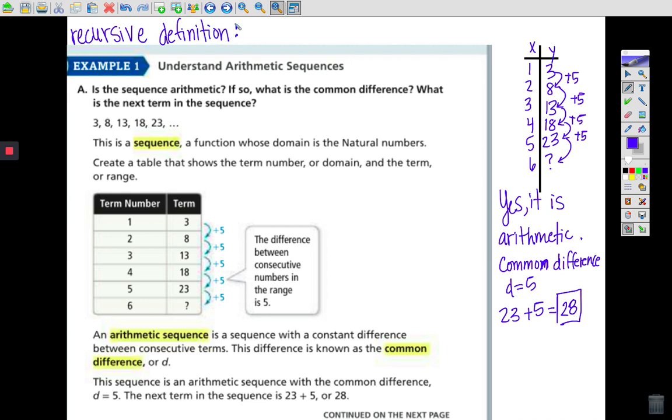So this is our way to write our formula so that we can find our next term in our sequence. Our recursive definition is going to be A sub n is equal to, and it's going to be two different things. We're going to have a sub 1, where n equals 1, so that's going to be our first term. And then we have a sub n minus 1 plus d, which is our common difference, as long as n is greater than 1.